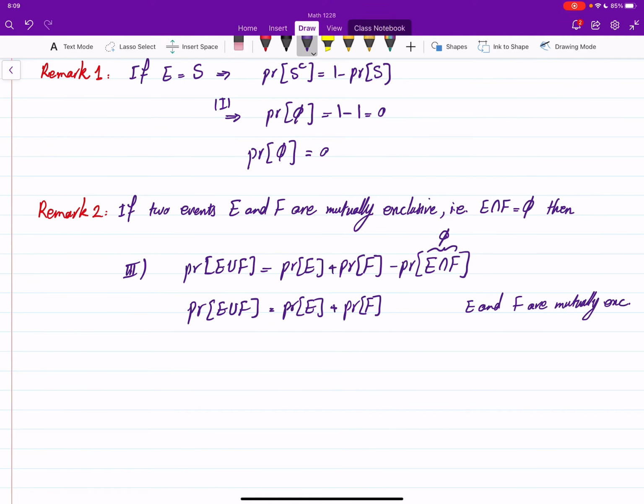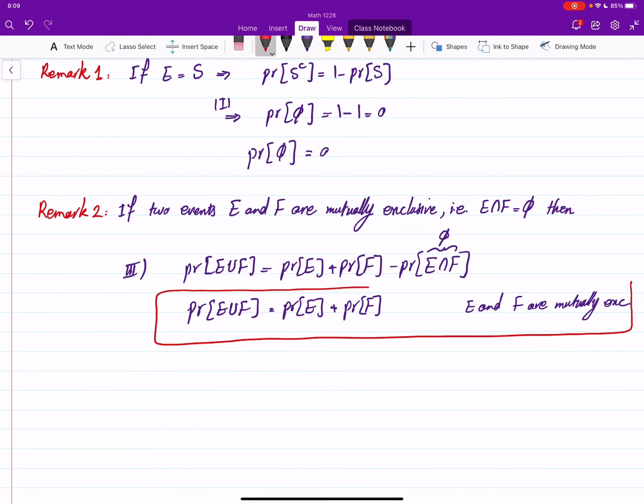The probability of the intersection is 0. Having this in mind will help you to do some more work.